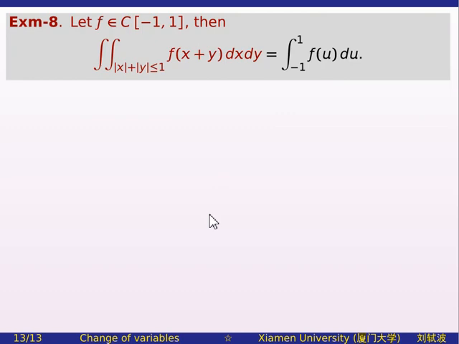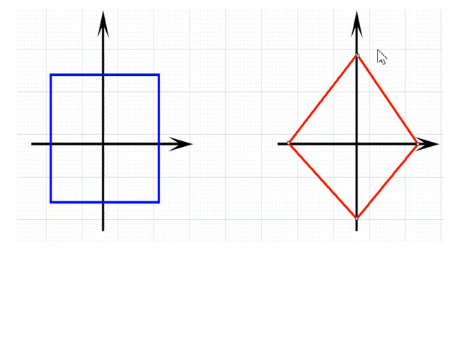Whenever you encounter a problem, no matter computational or some statement you need to prove, you need to make it clear what the integral domain is. Now, this is the domain. The vertices are (1, 0), (0, 1), (-1, 0) and (0, -1), as in the right picture.